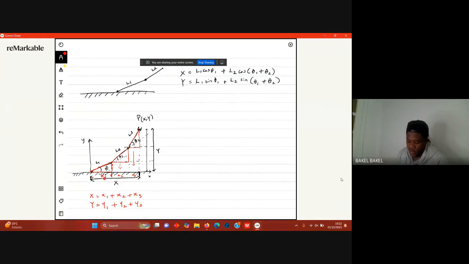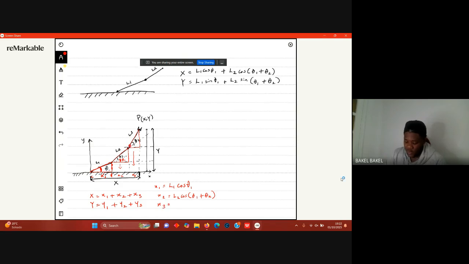In this case, x1 would be L1 cos theta 1. X2 gets a bit tricky because you see there is this angle that we do not know. But again, if here is theta 1, then based on corresponding angles, here would be theta 1. So we can say x2 is L2 cos theta 1 plus theta 2. And then we talk about x3.